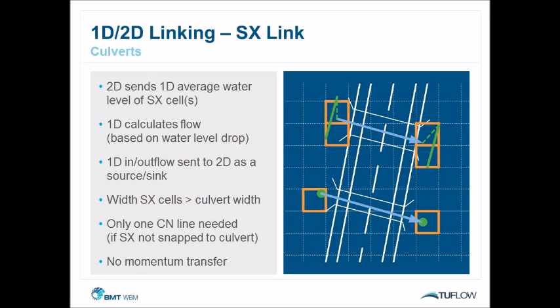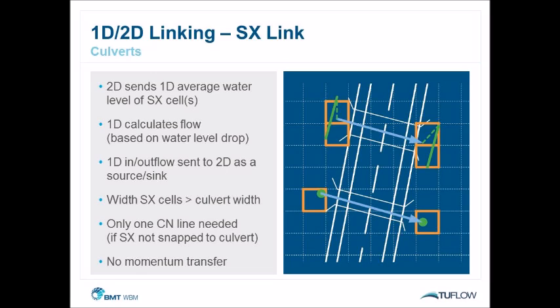So this link is ideal for culverts or cross drainage structures in a highway or an embankment, for example. As I'll explain, it's also ideal for modelling your pits and pipe system and pit entry points for your pipe networks.